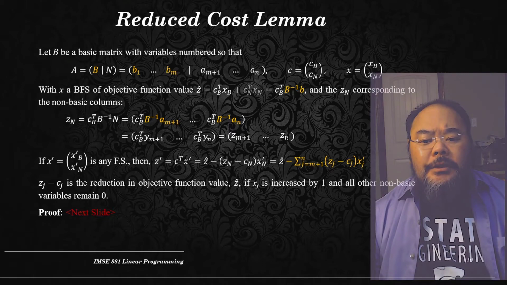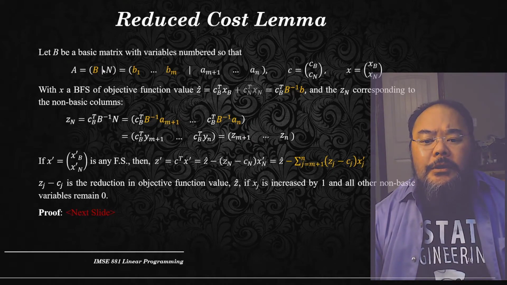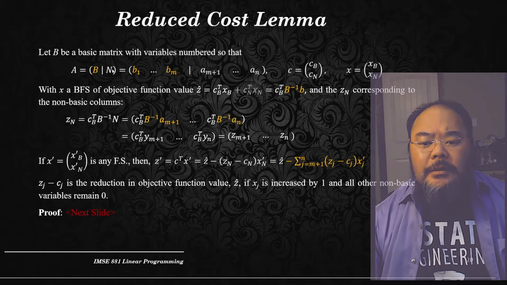Let B be the basic matrix, with the variables arranged in such a way that the basic matrix comes first and the non-basic matrix takes the rest of the columns. The basic matrix has columns B1 to Bm, so it has m by m dimension.